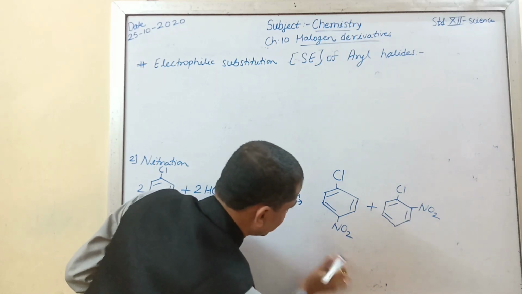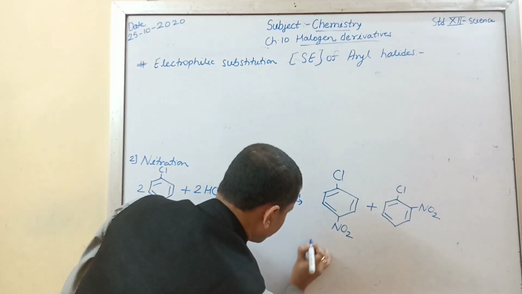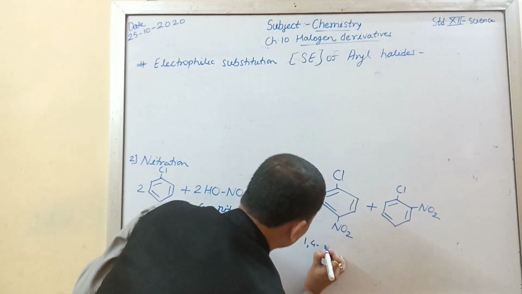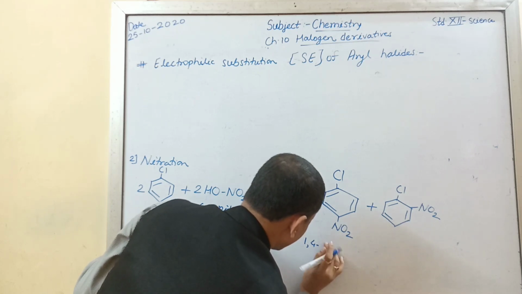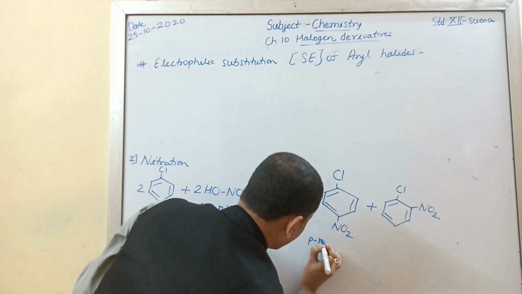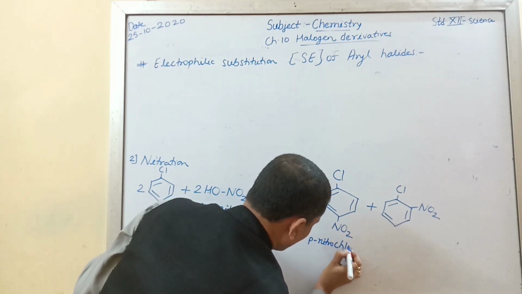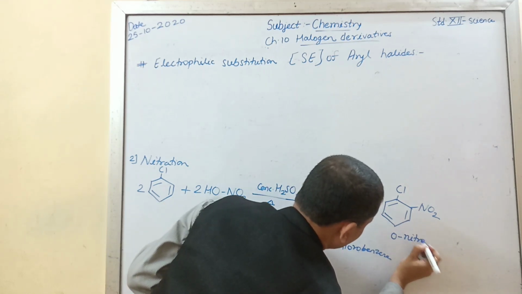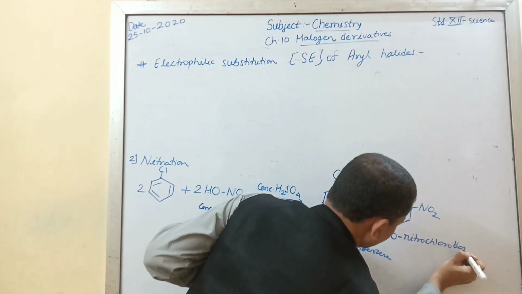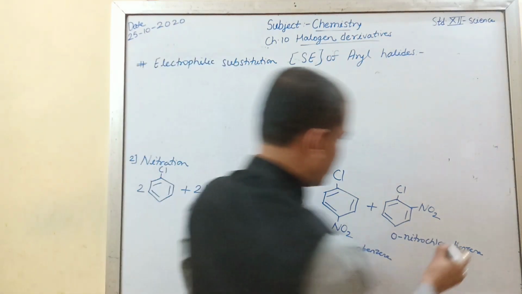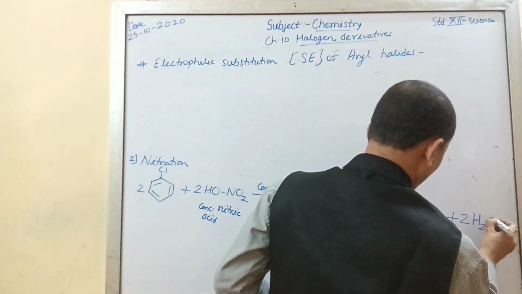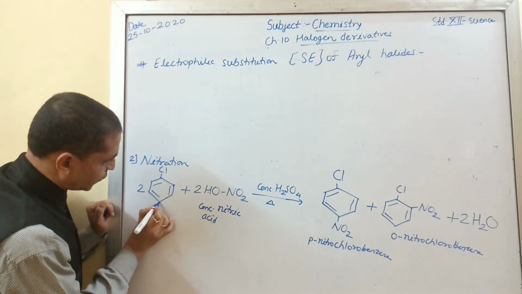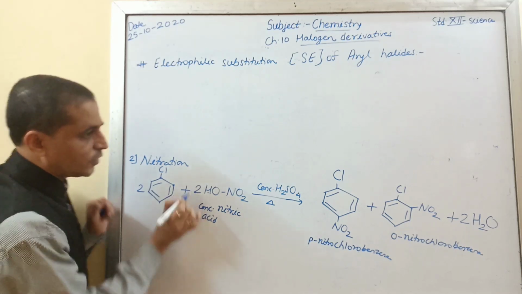This is para-nitrochlorobenzene, or ortho-nitrochlorobenzene, plus 2H2O, because one hydrogen atom is lost from this position and one hydrogen atom lost from this position, and there are two OH groups, so you get 2 molecules of water.